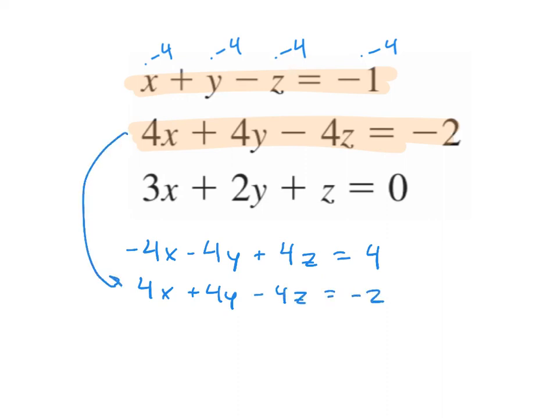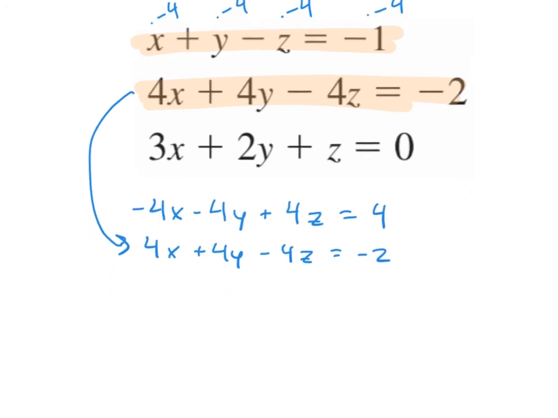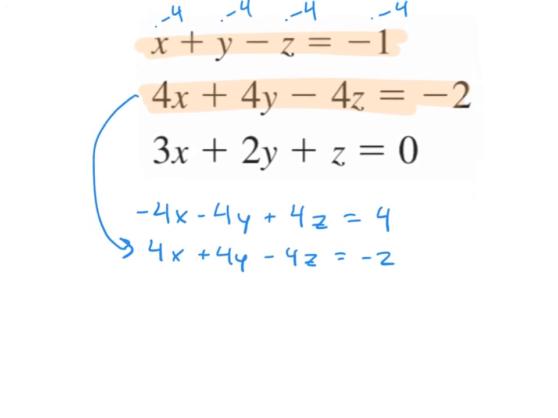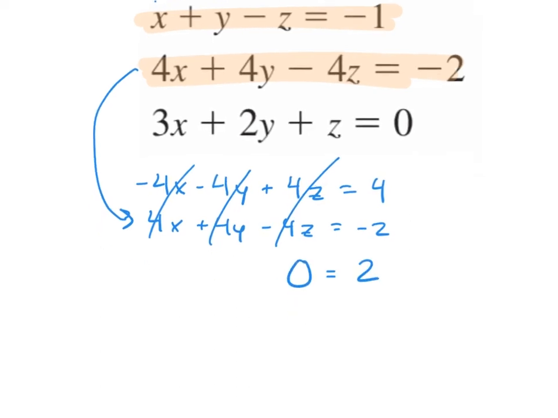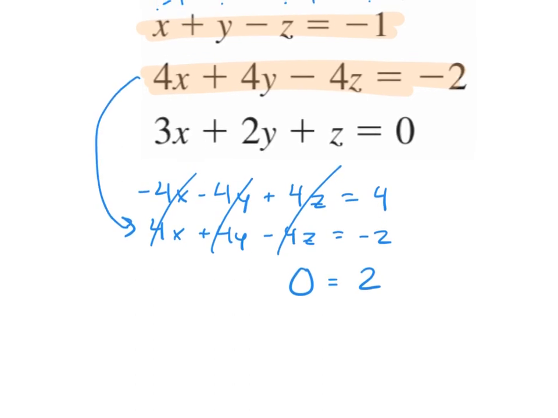So our x's cancel out, -4x cancels out with +4x, -4y cancels out with +4y, +4z cancels out with -4z. So what are we left with on the left side? 0 equals 2. So what's our answer here? No solution.